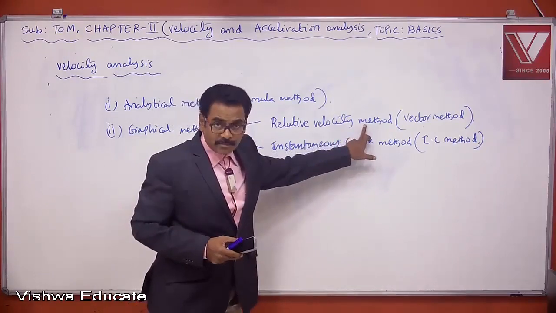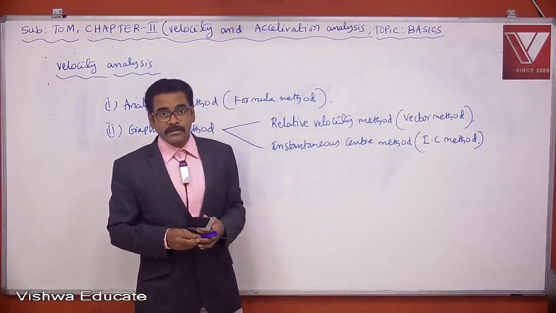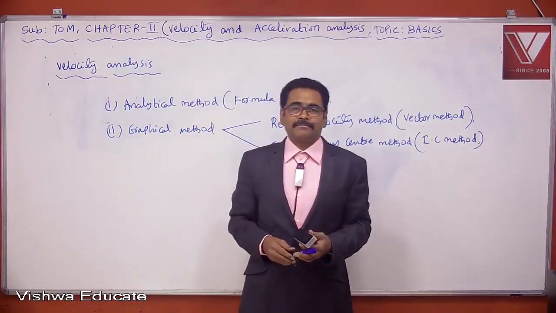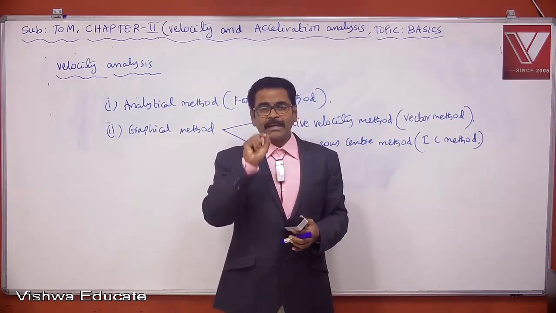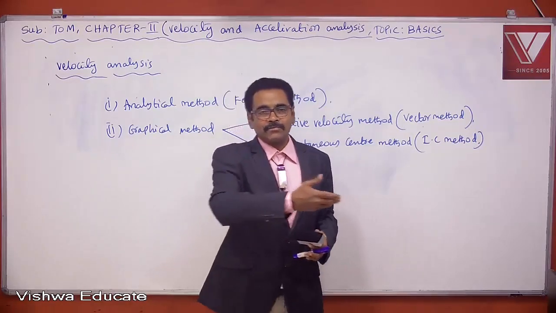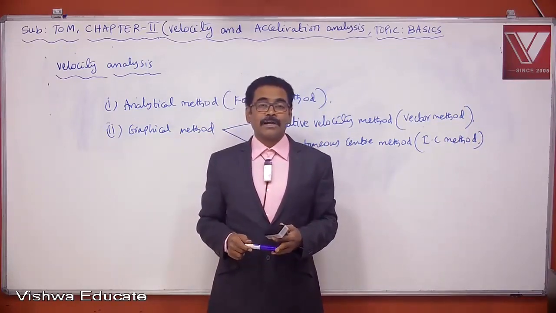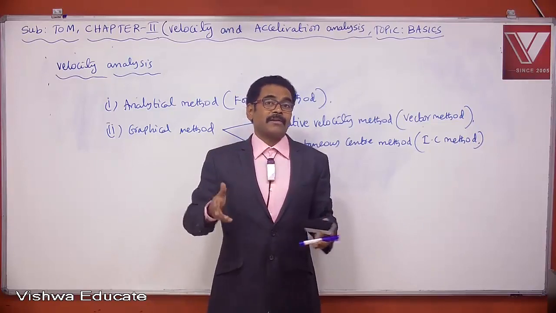In relative velocity method, for finding velocity of ninth link from velocity of second link, you need to find velocities of all intermediate links between second link and ninth link, perhaps third link, fourth link, fifth link, sixth link, seventh link. For every link you have to find velocities.